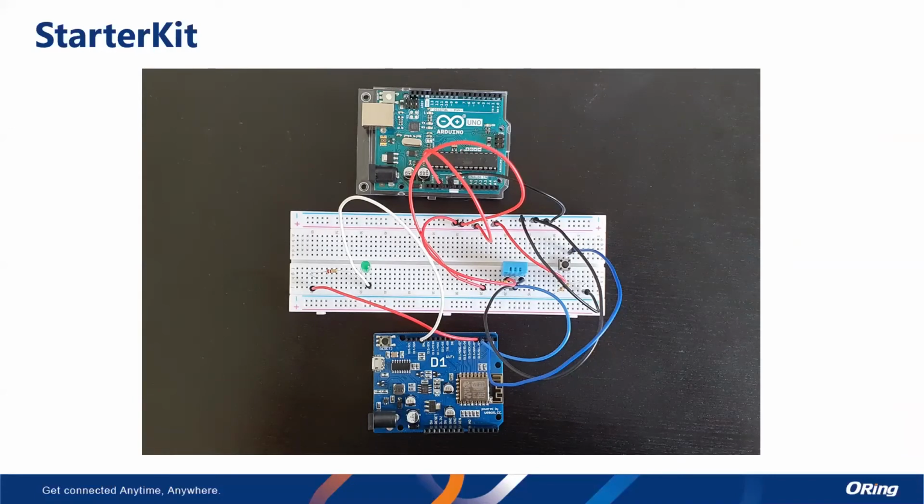So I want to use a button on the dashboard to turn on and turn off the green LED, which you can see on the screen right now. So the devices which are used in the starter kit, so LED, temperature and humidity sensor and tact switch, are connected to IOs in the ESP Wi-Fi module.